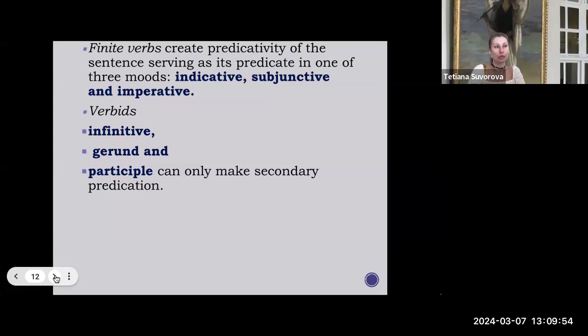So first of all, the general information. The finite verbs, as I mentioned to you, create predicativity in the sentence. It means that we express some situation, not just a verb from the dictionary, to write.